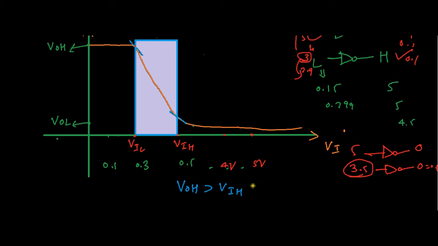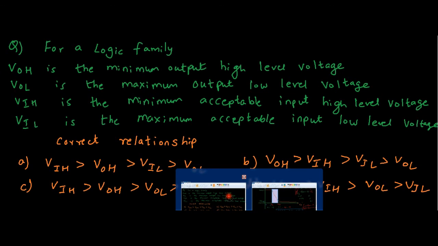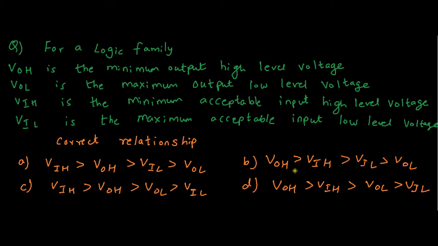And next comes VIL. You can see this length is more than this length. And finally VOL. So this is the correct relationship: VOH is greater than VIH is greater than VIL is greater than VOL. So this is the right answer.